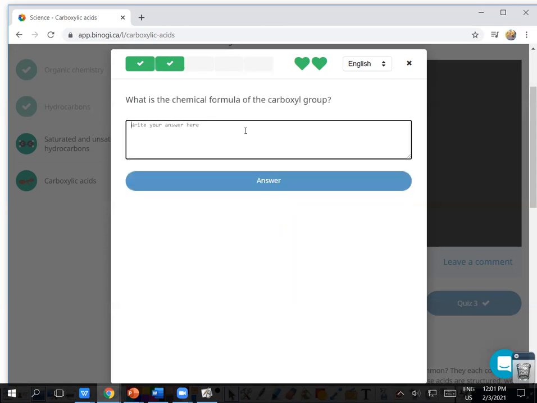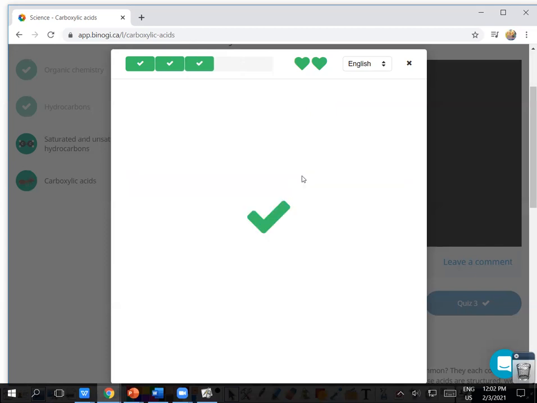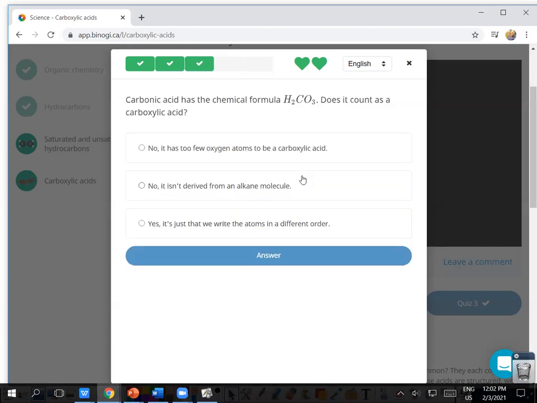What is the chemical formula of the carboxyl group? The carboxyl group, COOH. Carbonic acid has the chemical formula H2CO3. This carbonic acid, it is not organic.